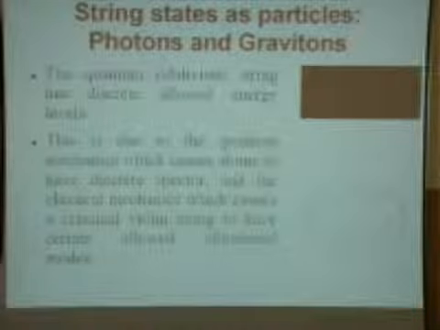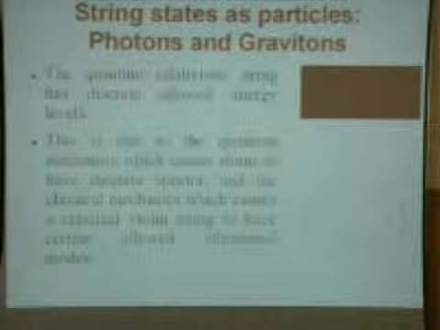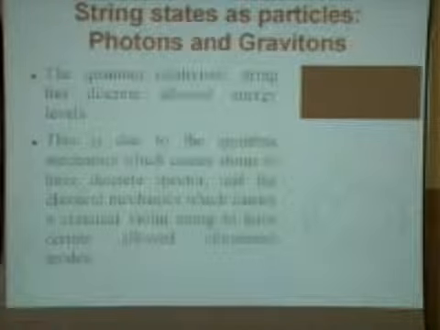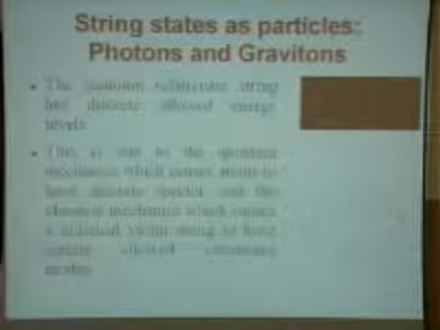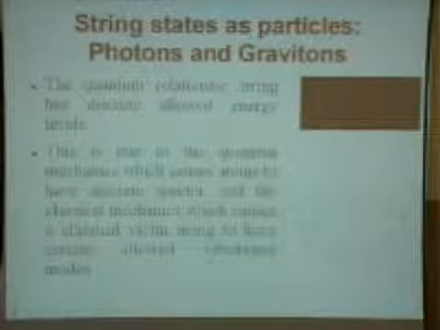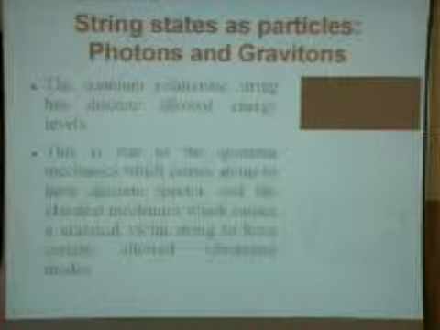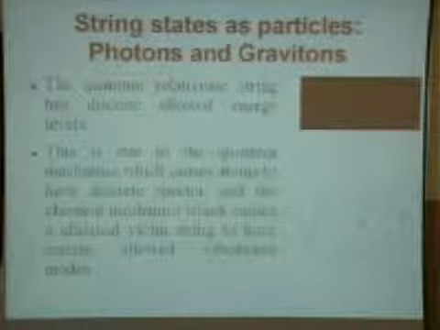There's another way of looking at strings. We can see how the strings correspond to particles. The quantum relativistic string has discrete allowed energy levels. This is due to quantum mechanics, which causes atoms to have discrete spectra, and the classical mechanics, which causes the classical vibrating string to have certain allowed vibrational modes.